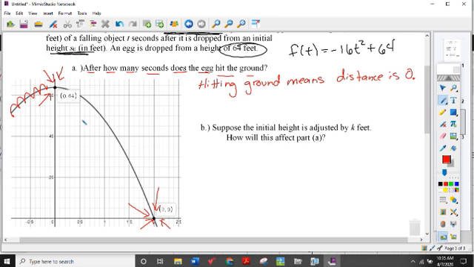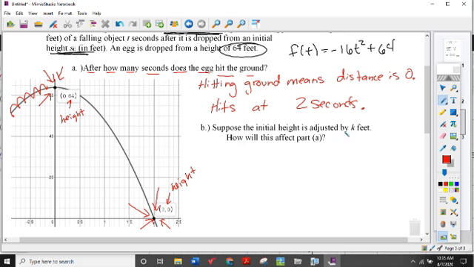So at this point, because the y-coordinate is the height or the position, see here the height is 0. So that would mean it hits the ground at 2 seconds, because it's exact.